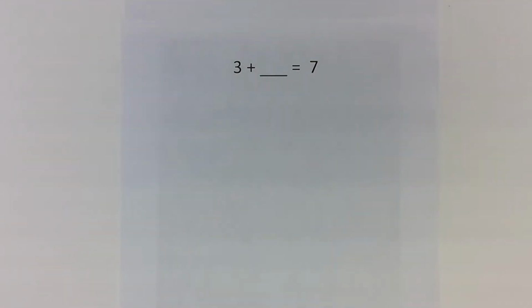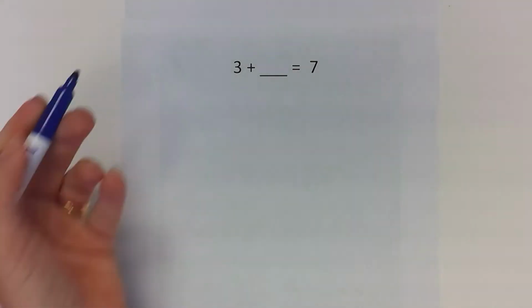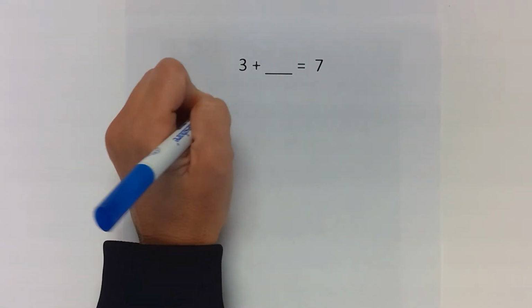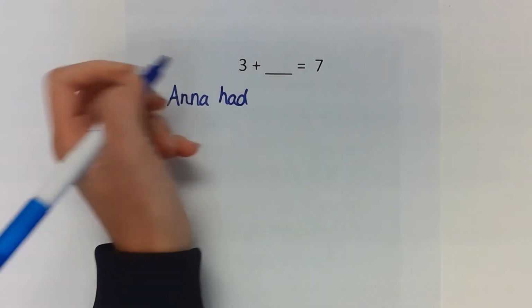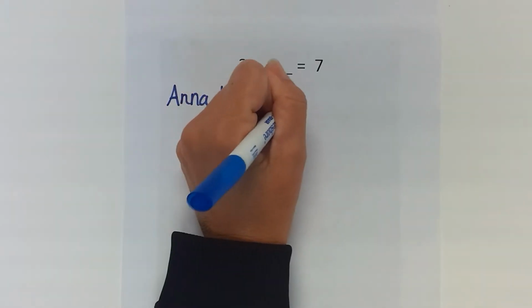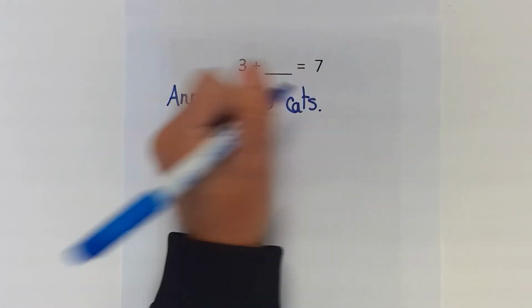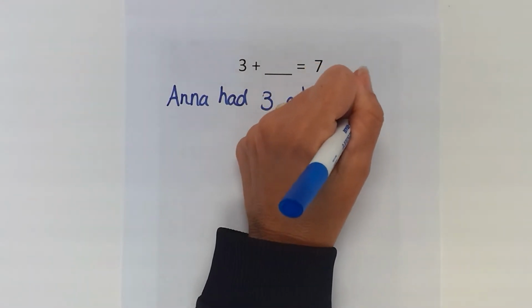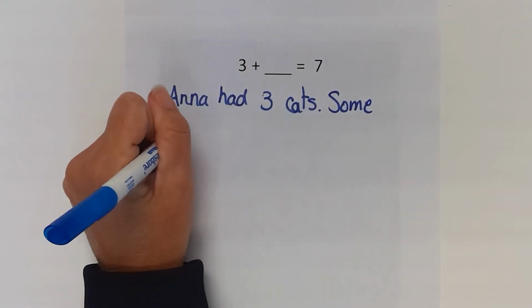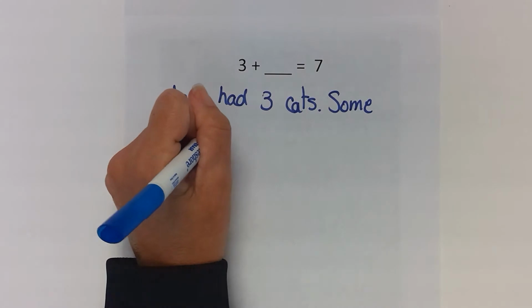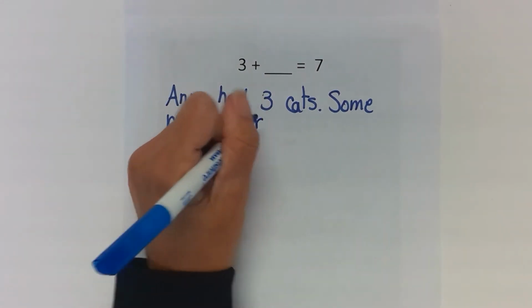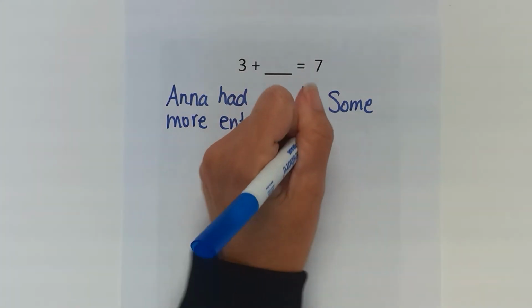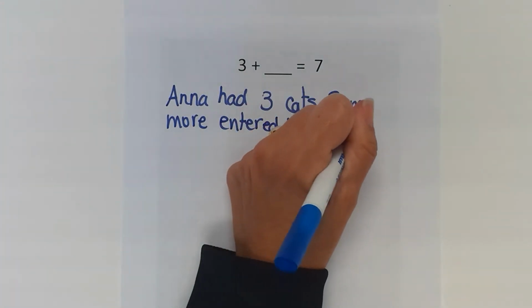So students could tell us a story that Anna had 3 cats, some more entered her yard.